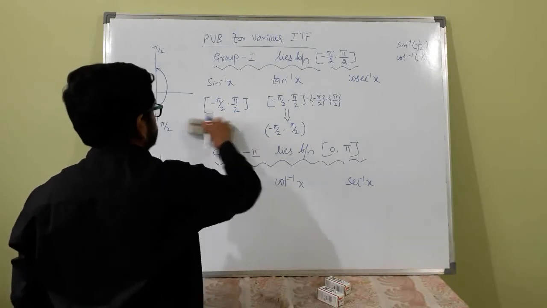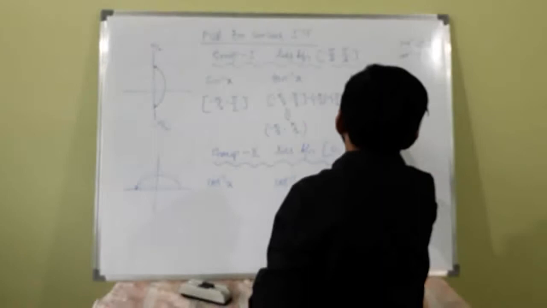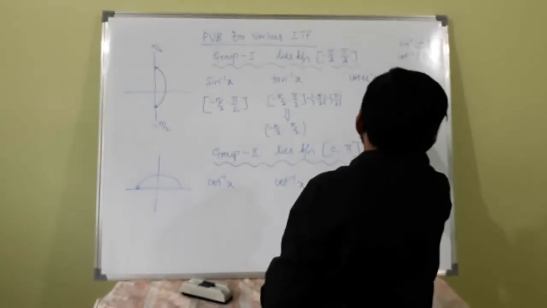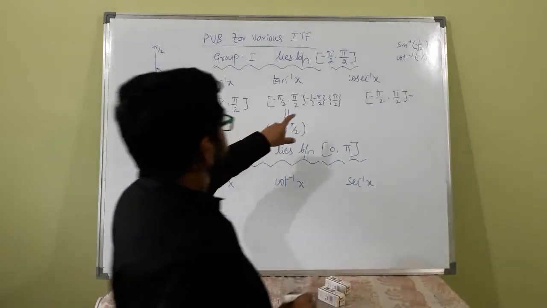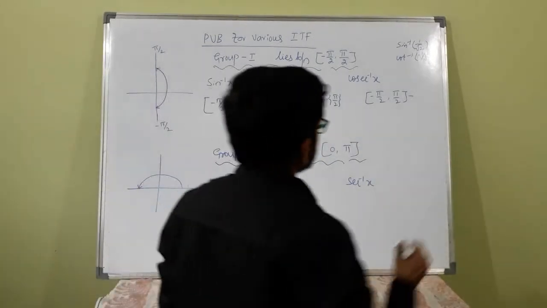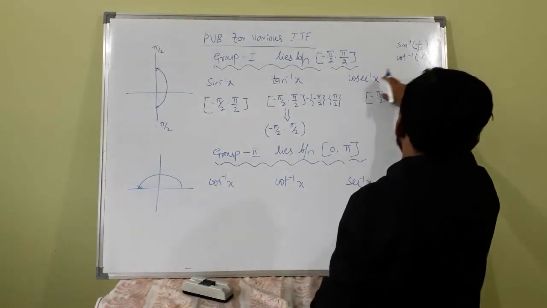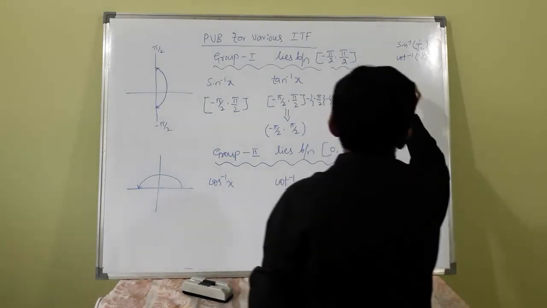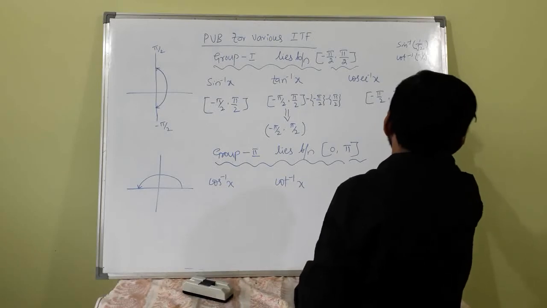Next, similarly, for cosecant x, this is minus π/2 to π/2, except 0, because cosecant means 1 by sine, and 1 by sine of 0 is infinity. Cosecant 0 is not defined. So except 0.